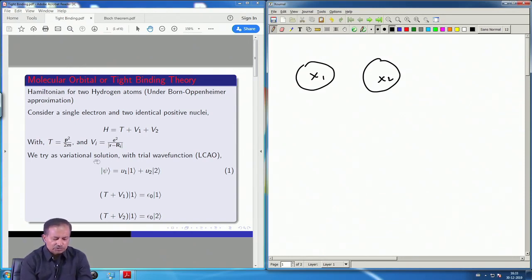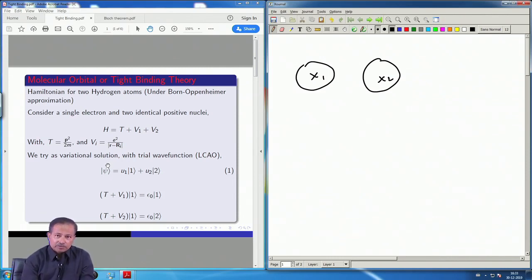Now one chooses a trial wave function with, say, the electron at orbital 1 and orbital 2. So these are the two wave functions we have, and remember that 1 and 2 do not necessarily have to be orbitals of atom 1 and atom 2, but that is one convenient choice one can always make.